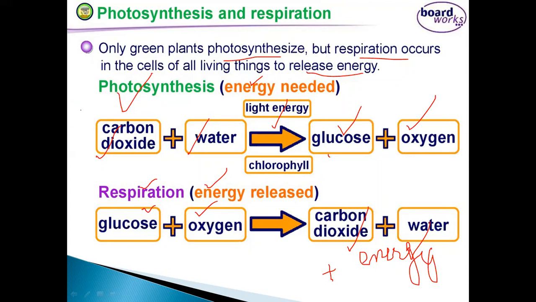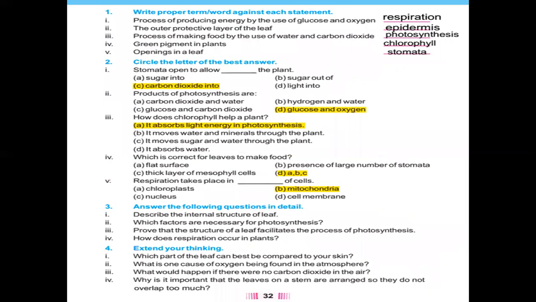So if you learn one equation of photosynthesis, you write the opposite of that for respiration. So automatically you can learn the other respiration equation. That's all. That was our last topic of this chapter, my dear students.